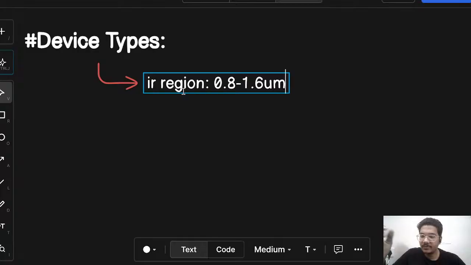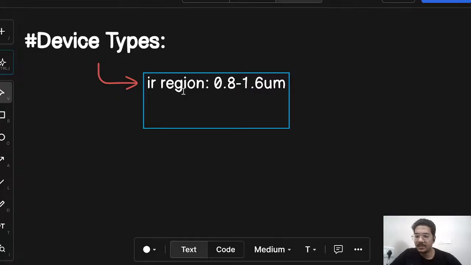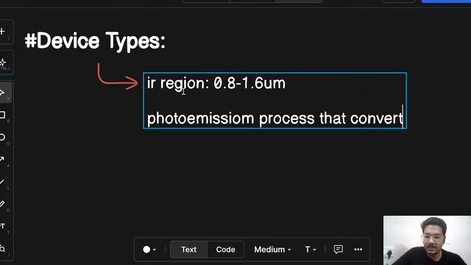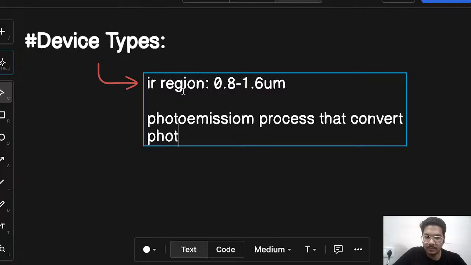To detect these photons, we use a photoemission process that converts photons into electrons.